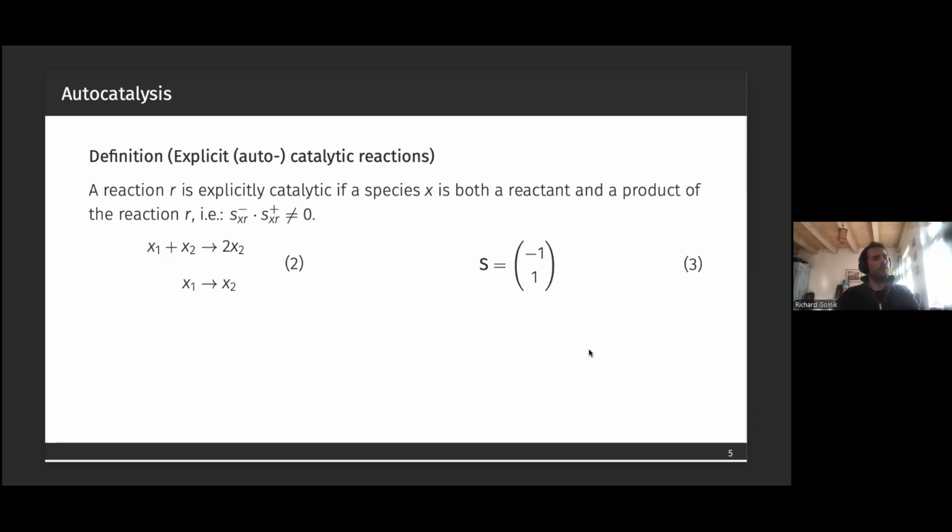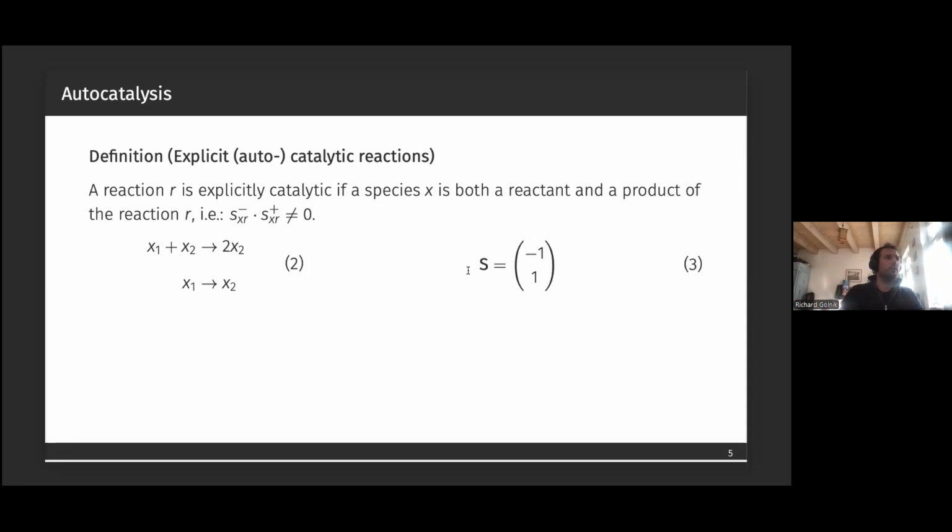Okay, and before I start with the definition of an autocatalytic matrix, I just want to say that I'm not going to include explicit catalysis in this talk. An explicitly catalytic reaction is one where a species appears as both a reactant and a product in one reaction.